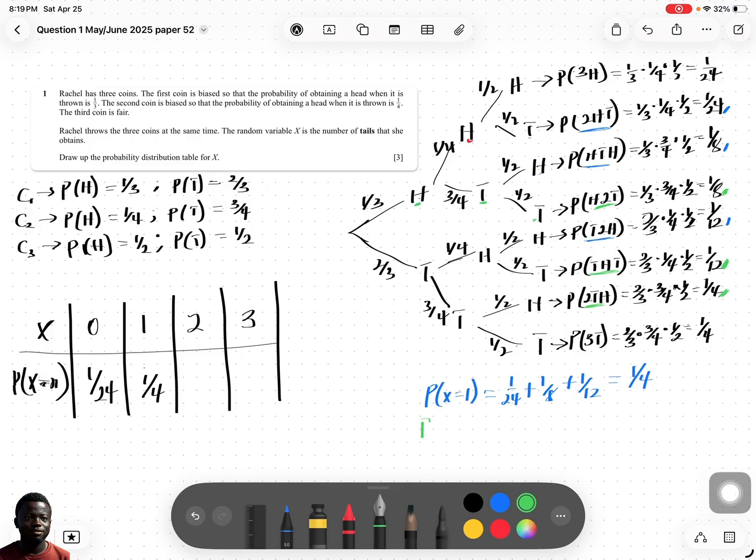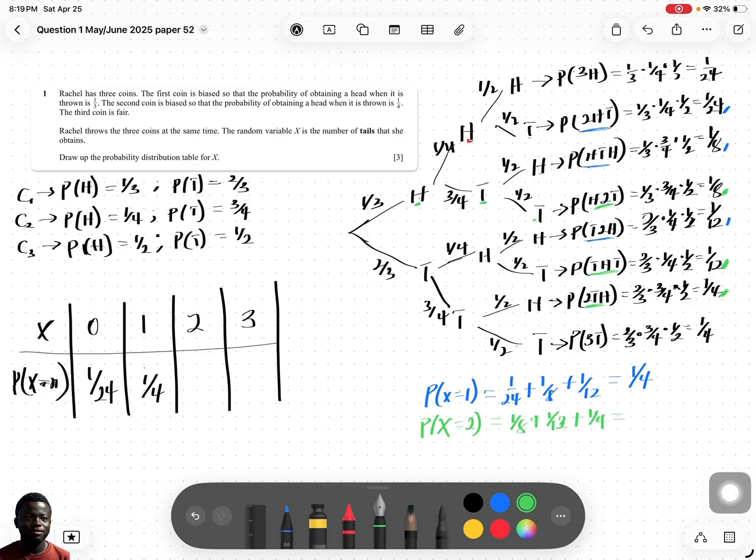So for probability of x is equal to 2, we have 1 out of 8 plus 1 out of 12 plus 1 out of 4.